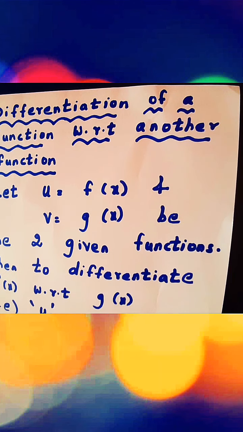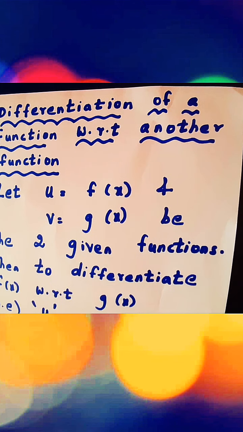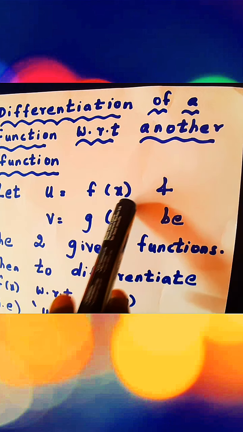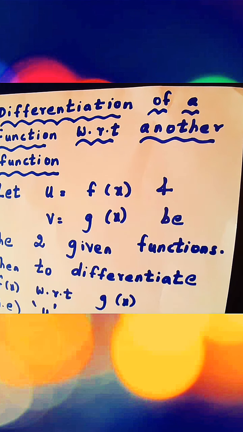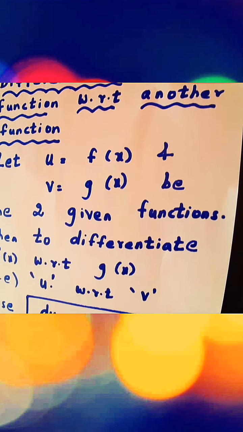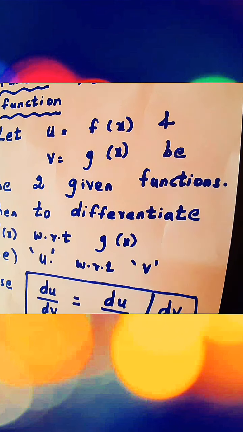In the previous video, we discussed parametric functions, where both equations are assigned to a third variable t, or it could be theta, or any third variable. In this topic, we have two equations, that is u is f of x, v is g of x. Then how are we going to differentiate u with respect to v?